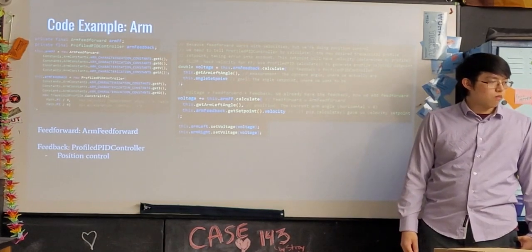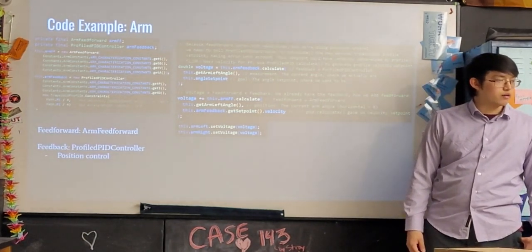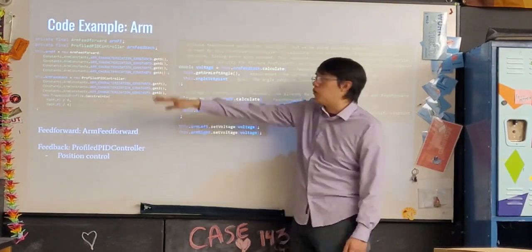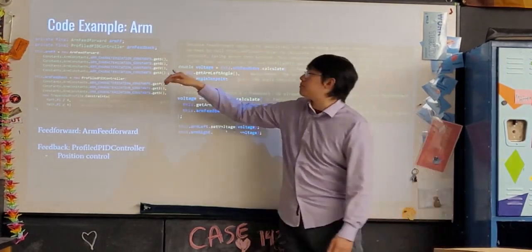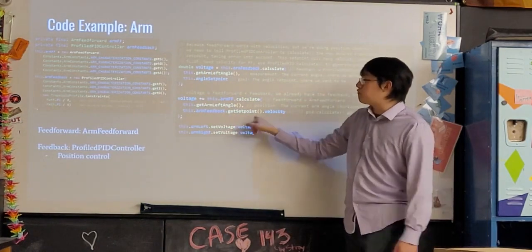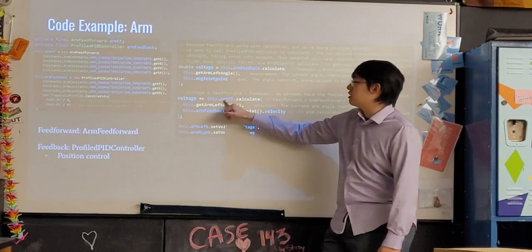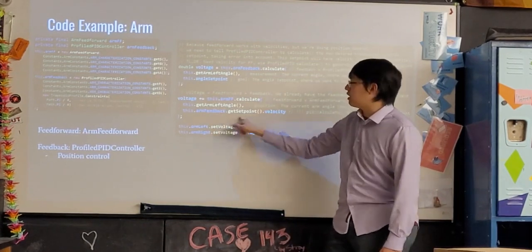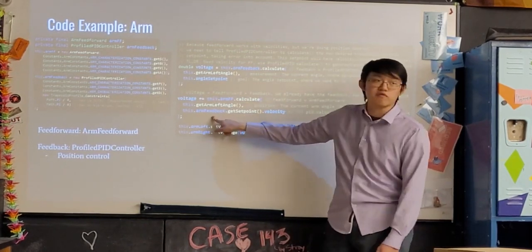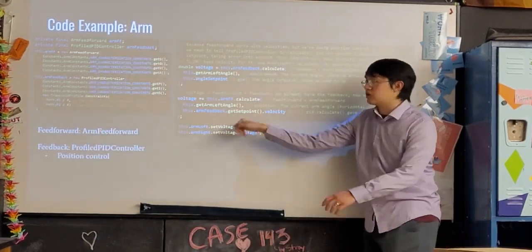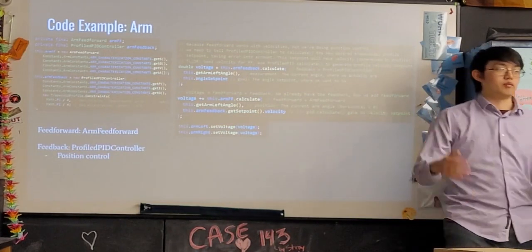This armFeedback is just referring to the instance field up here. This is all one class. So inside the feedforward calculate parameters, you are just referring to the feedback instance field, and you're grabbing the velocity really quick from the motion profile. Right.